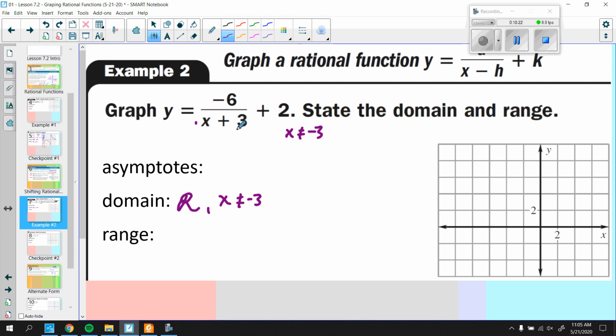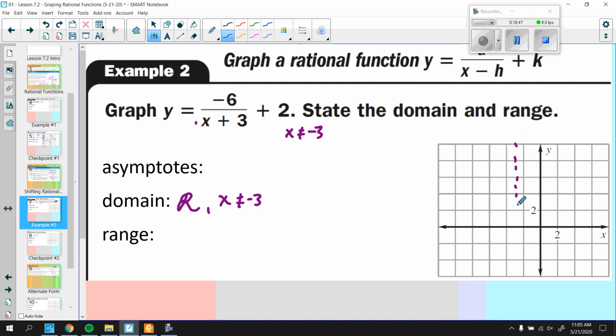Connecting it to the shift, the translation here now. Remember, it looks like +3, so you'd think, hey, this is going right 3, but we've always said it's opposite. It's actually going to go left 3. So just watch our scale here. I'm going to graph it, then I'll write it. We're going left 3, so 1, 2, 3. I wish you could see the stuff that I'm writing with here.